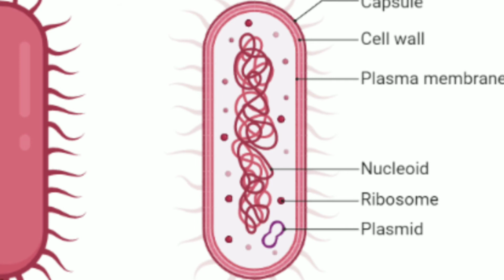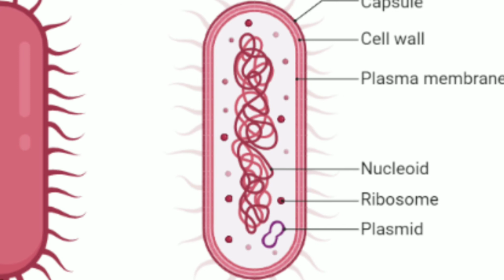Inside there is cytoplasm that contains small particles of glycogen, fats and other food reserves, which we collectively call granules.